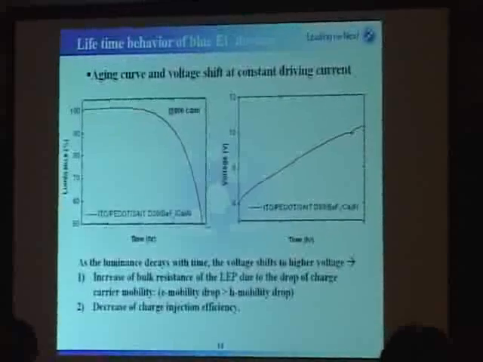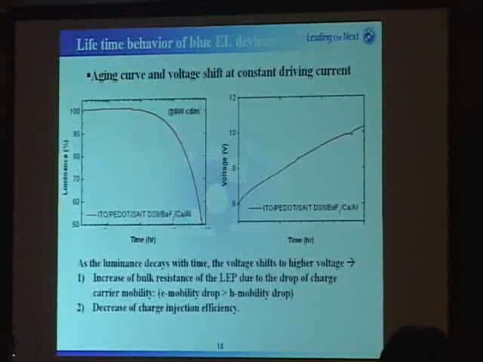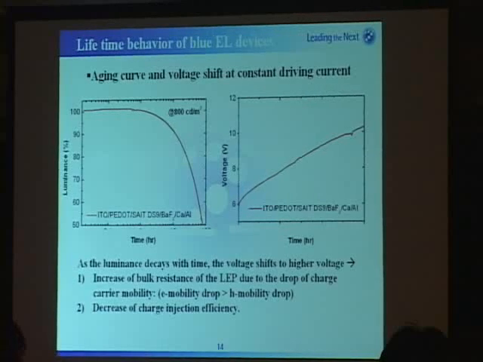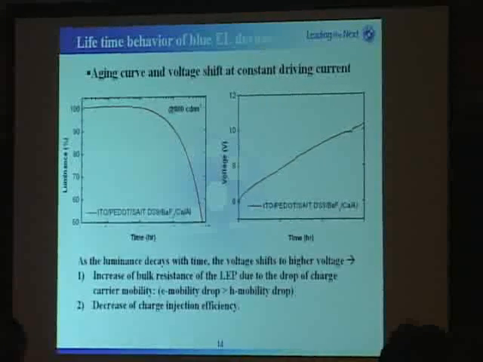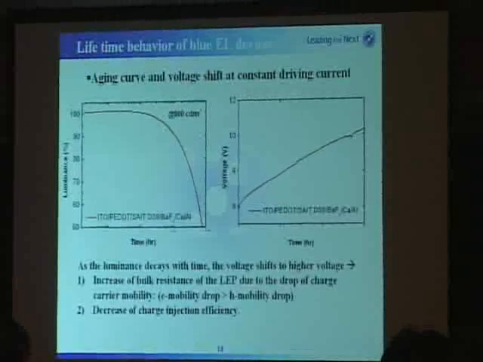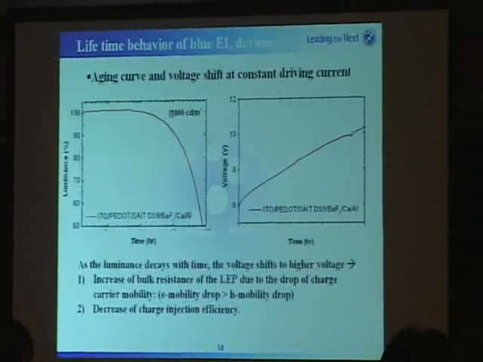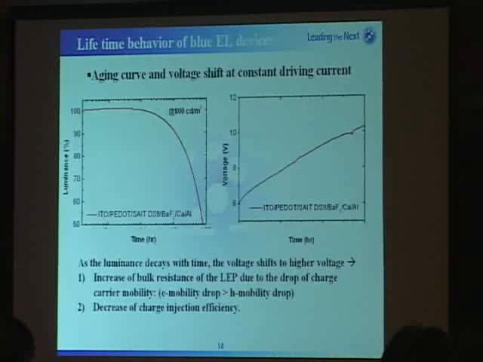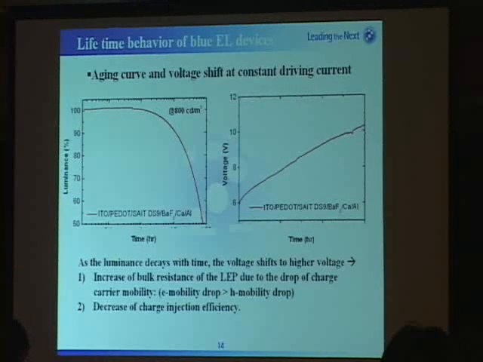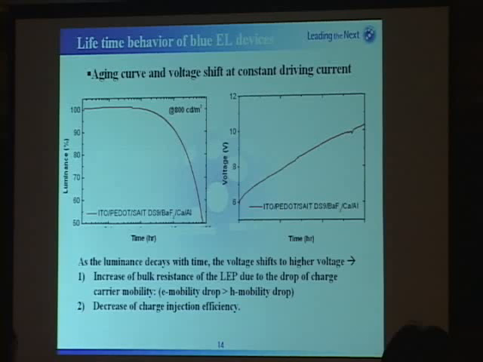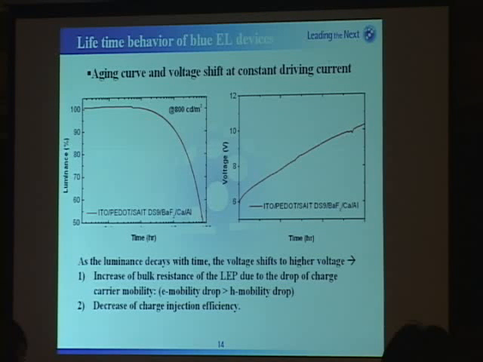This voltage increase can be attributed to the following two reasons. One is the increase of bulk resistance of light-emitting polymers due to the drop of the charge carrier mobilities. In our experiments, the electron mobility drop is much higher than the hole mobility drop. And secondly, the decrease of charge injection efficiency. Next.